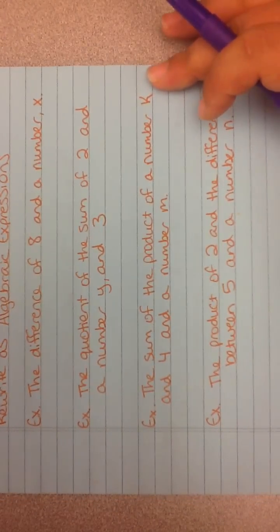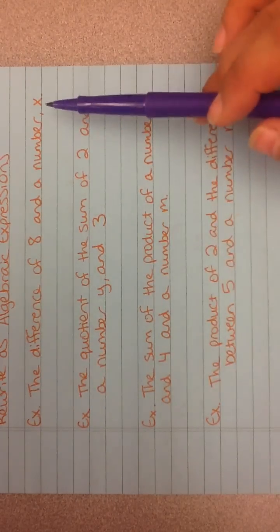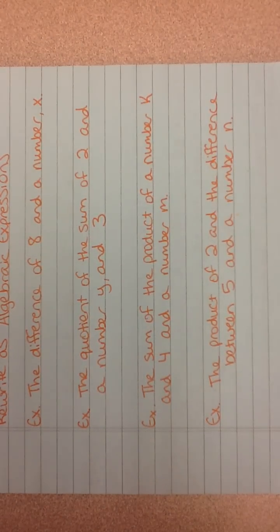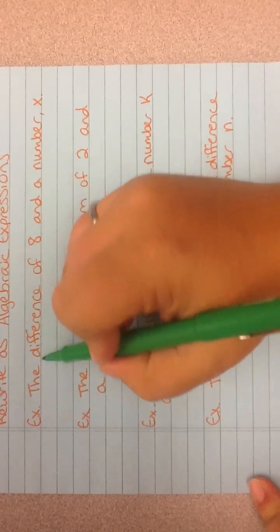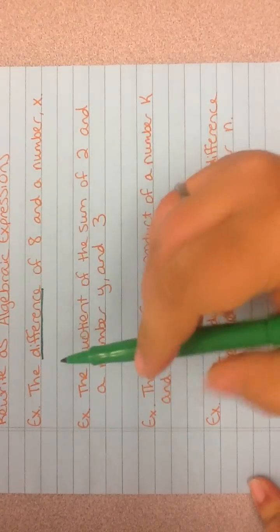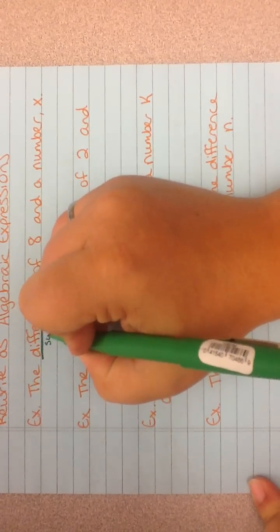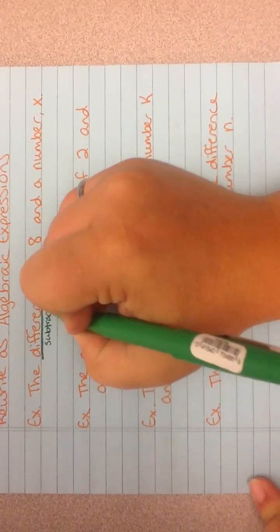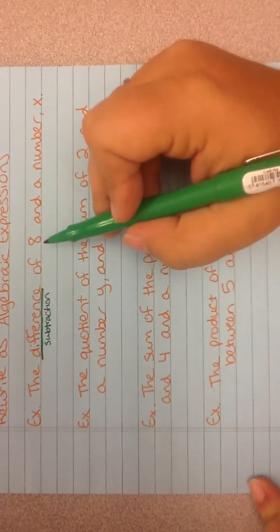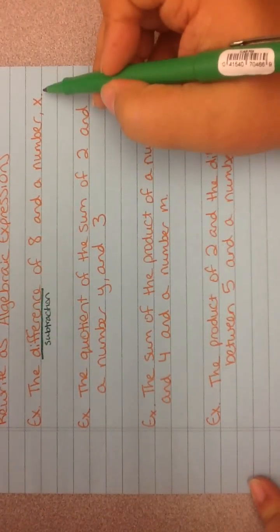Okay, so now we're going to use those and do some rewriting as algebraic expressions. Okay, so the first one we're going to start off with is difference. So you can go up there, or hopefully you know that this means subtraction. Okay, the difference of 8 and a number x.